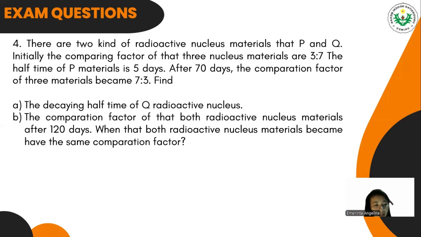Find A. The decay half-time of Q radioactive nucleus. B. The comparison factor of both radioactive nucleus materials after 120 days. And C. When both radioactive nucleus materials have the same comparison factor.